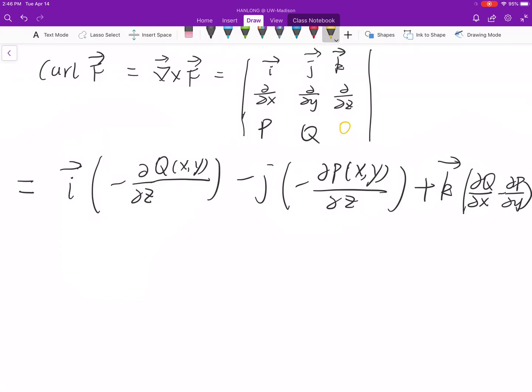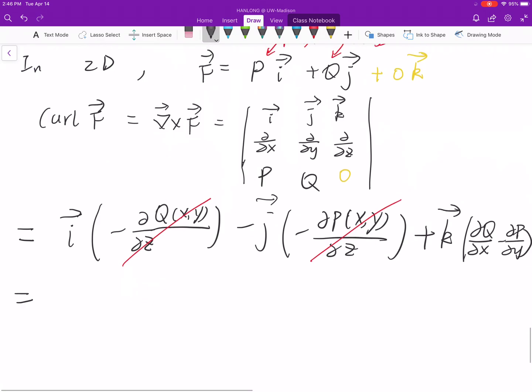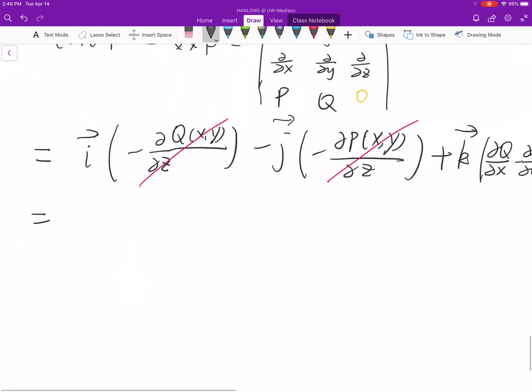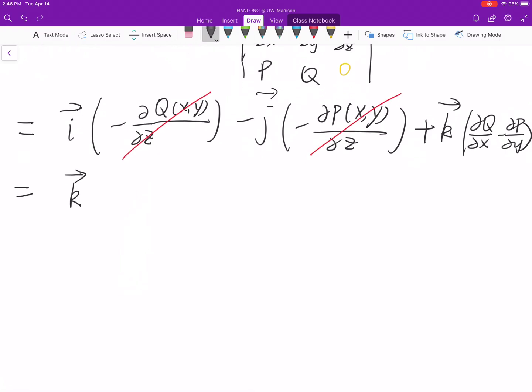Because you are taking the z derivative, the first two are gone; we view x, y as constants when taking the z derivative, so nothing is left. Therefore, no matter what your vector field in 2D is, the curl will be in the third direction, and the component is given by this.